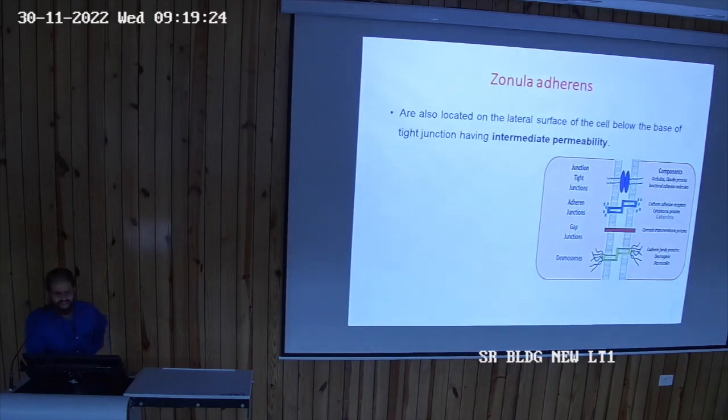And the major proteins involved here are cadherin and catenin. प्रोटीन्स को याद रखना है, because these are specific for every connection. So the major proteins involved in zonula adherens are cadherin and catenin.